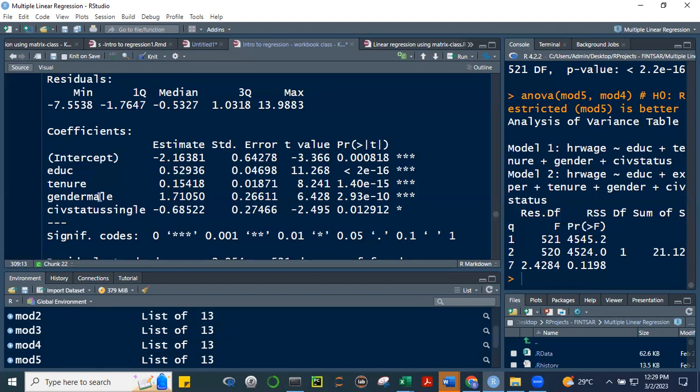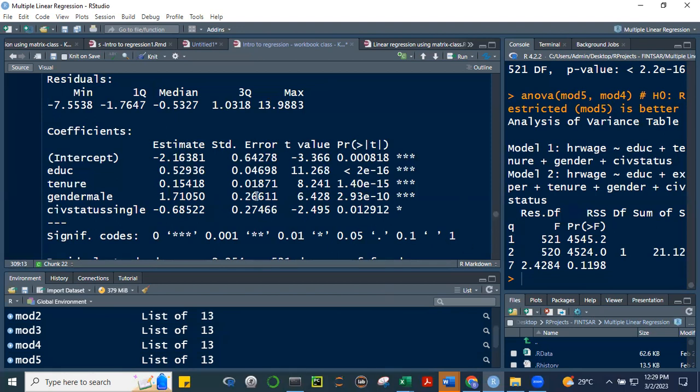Ano ibig sabihin ng gender male? On the average, male respondents receive $1.71 more than their female counterparts, ceteris paribus. On the average, single respondents receive $0.68 less than their married counterparts, ceteris paribus. What's the meaning of this negative 2.16?